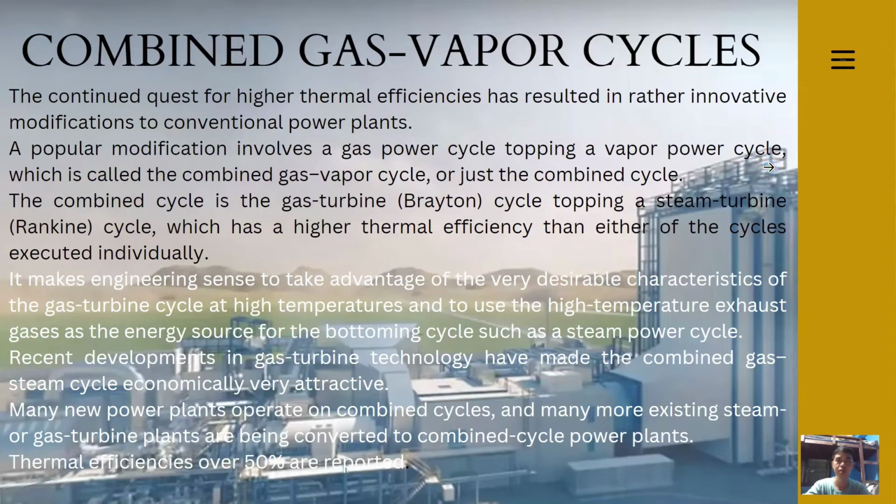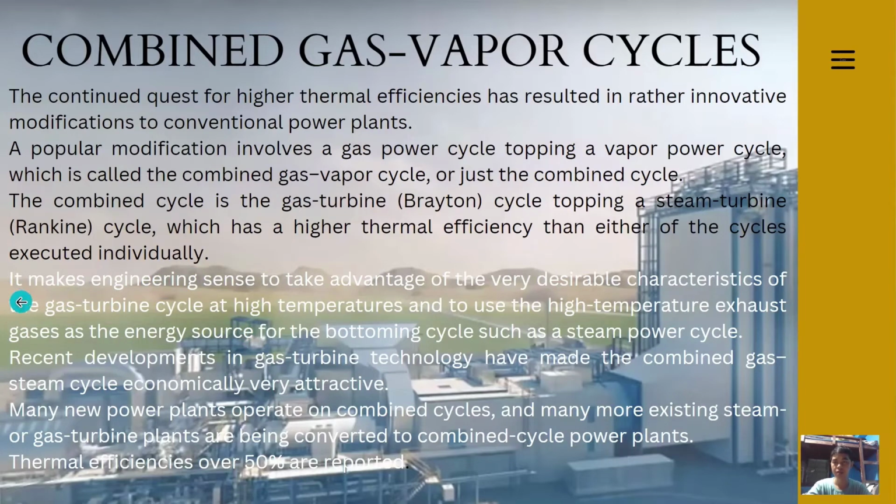This combination of the gas power cycle and vapor power cycle is called the combined gas vapor cycle, or simply the combined cycle. The combined cycle is the gas turbine Brayton cycle topping the steam turbine Rankine cycle. It has higher thermal efficiency than either of the cycles executed individually.